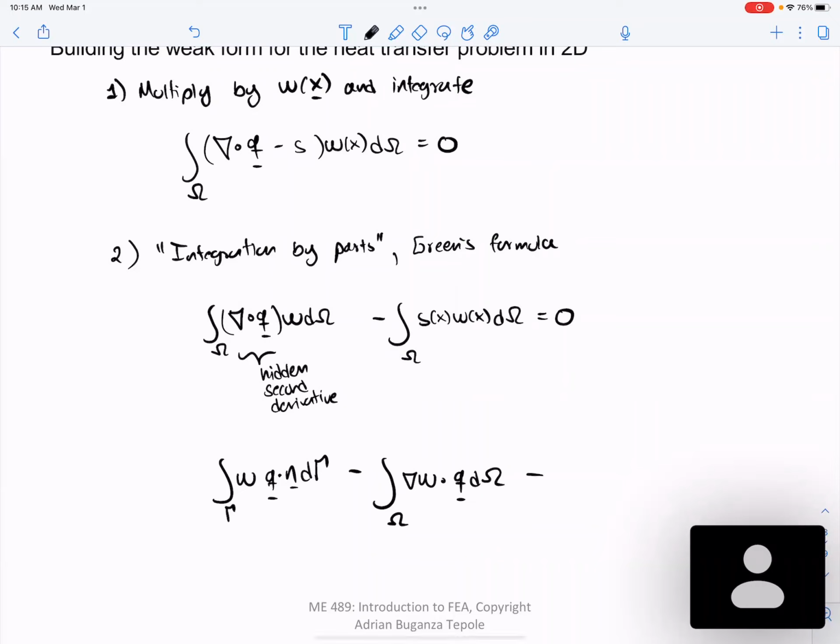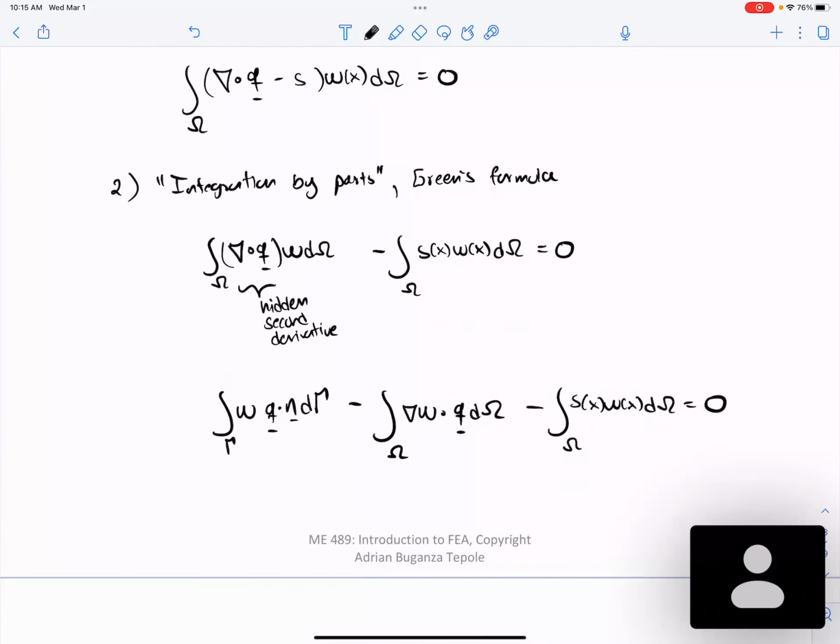And then nothing happens to the other term, so the other term just stays the same. So you can see that we pass the derivative from the Q to the W. So instead of having divergence of Q times W, now we have gradient of W with Q. And then we get this extra integral over the boundary.